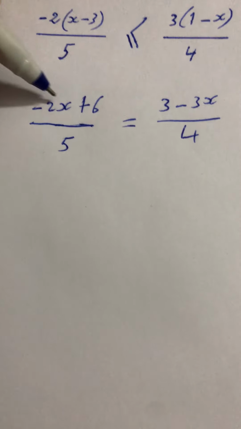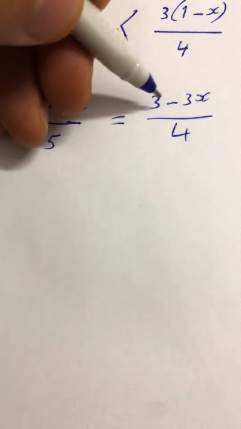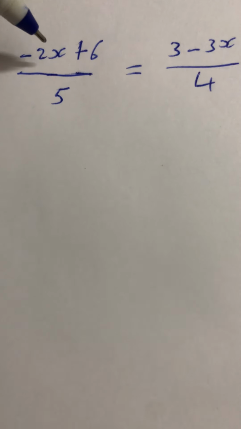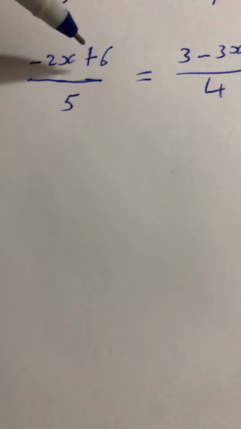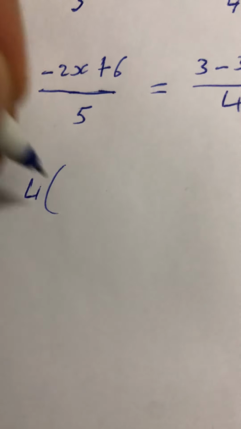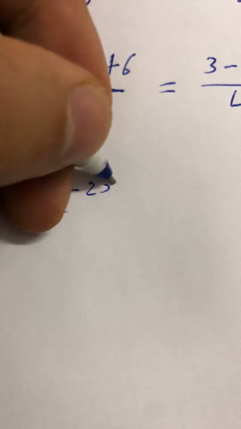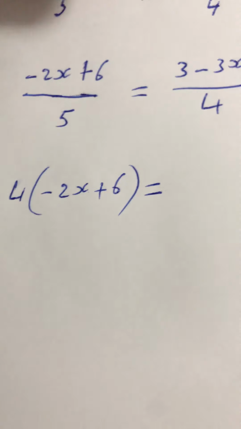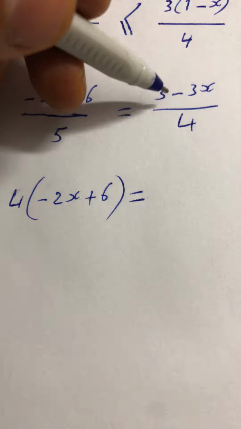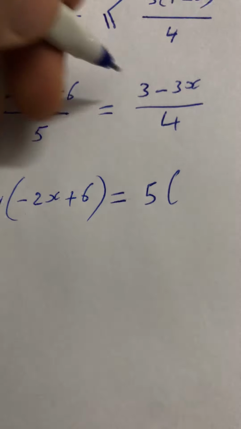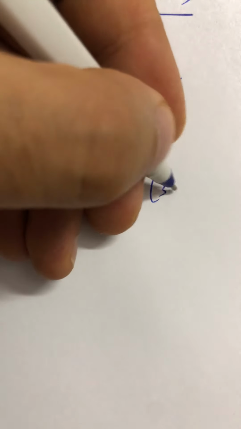This is a, this is b, and this is c, and this is d. So we apply this. 4 times minus 2x plus 6, and do not forget to make parentheses. So 4 times minus 2x plus 6 equals what? 5 times this. 5 times 3 minus 3x.